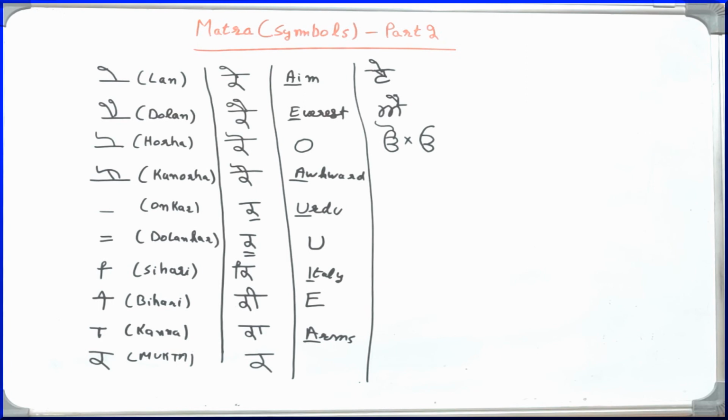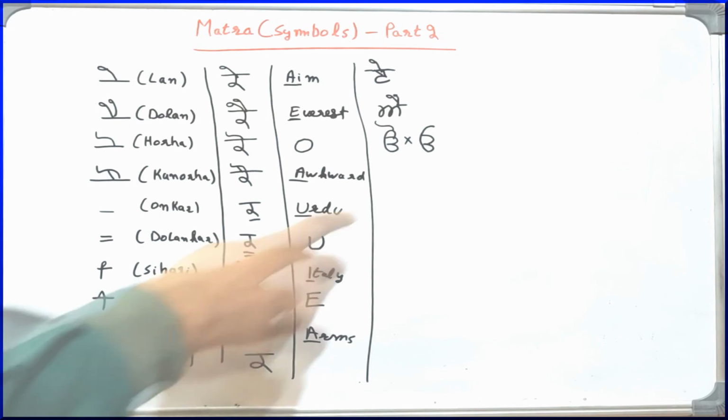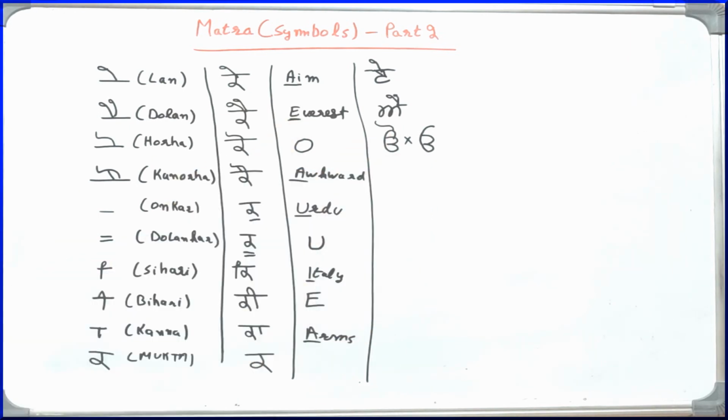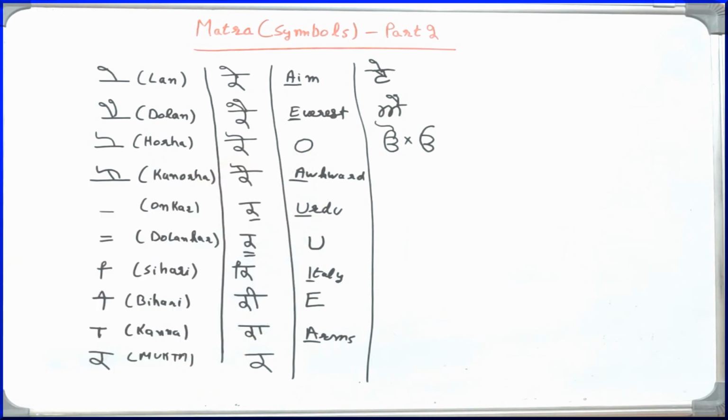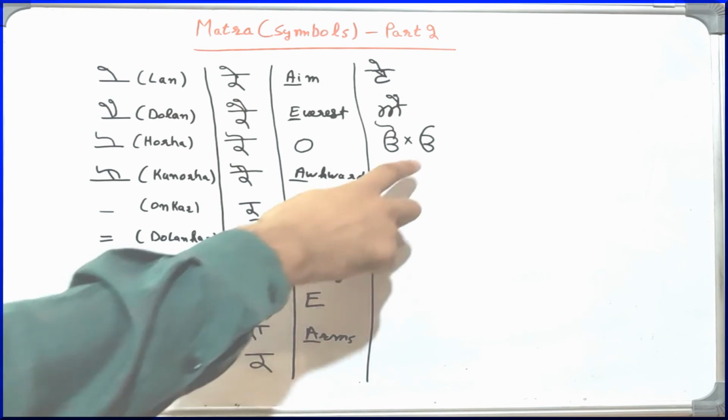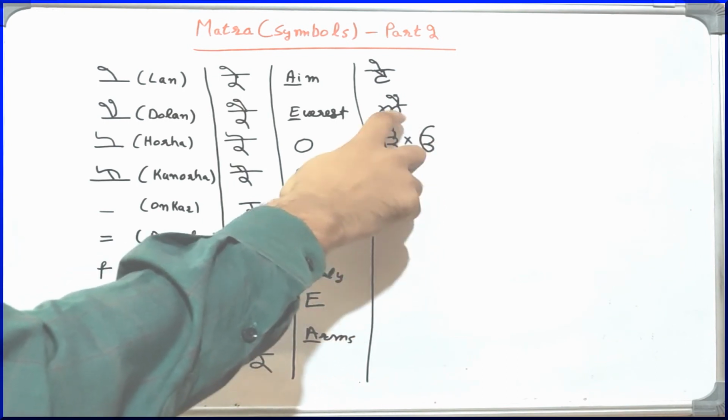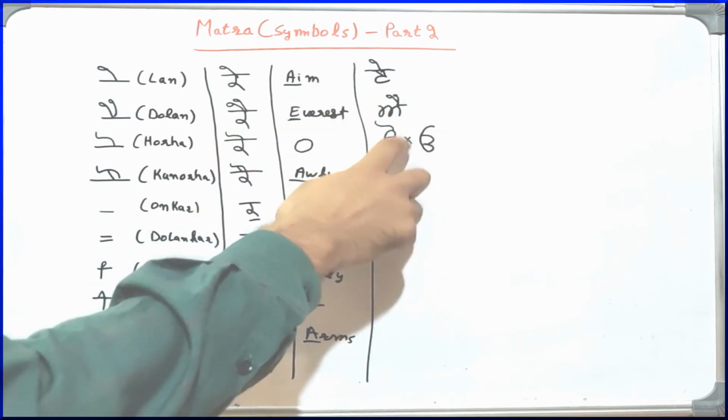Remember in the very first video when we were discussing the different Gurmukhi letters, we gave the example of Obama. If you want to write Obama in the Gurmukhi letters, the very first letter will be O. In English, we start Obama from an O, right? But in Gurmukhi, we start the word with Uda and then Hoda, like this.